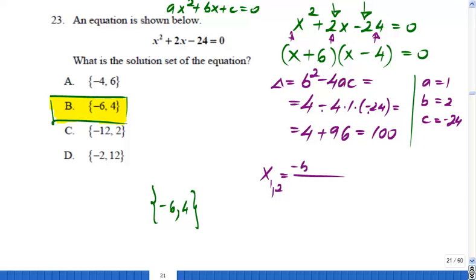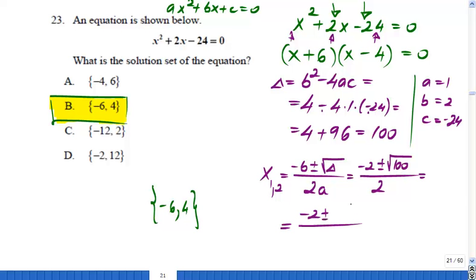And this takes you to the final step, finding your roots, which are given by the quadratic formula, negative b plus minus square root of b squared minus 4ac, but that's your delta, right? Over 2a. Plug in the values, negative b, minus 2, plus minus square root of 100 over 2 times a. Negative 2 plus minus, what is square root of 100?